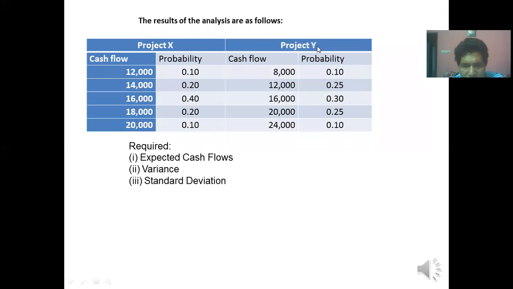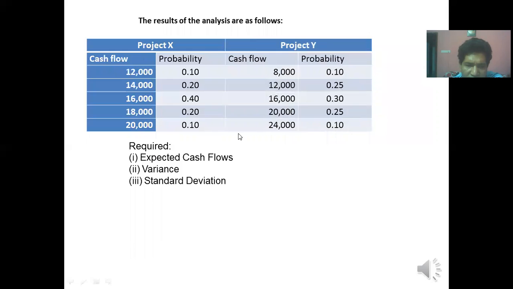For project Y, cash flows: 8,000, 12,000, 16,000, 20,000, and 24,000. Probability: 0.10, 0.25, 0.30, 0.25, 0.10. And this total probability will be 1.